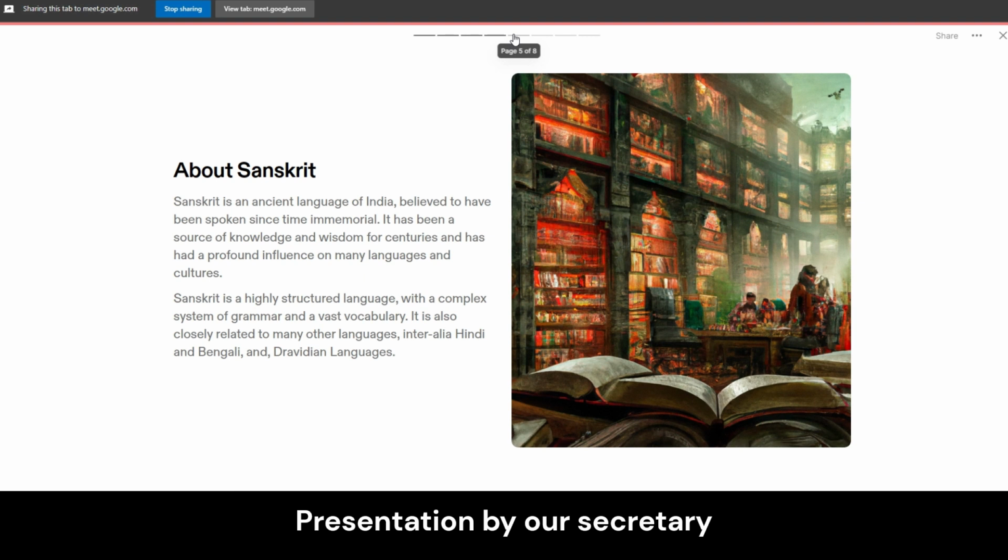So coming to the language structure, it is highly structured with a complex system of grammar and vast vocabulary. Besides this, we also have some ancient languages in the country like Tamil, Telugu, Kannada, Malayalam, many languages. This is one of those highly structured languages with complex grammar, not just with respect to Hindi or English.